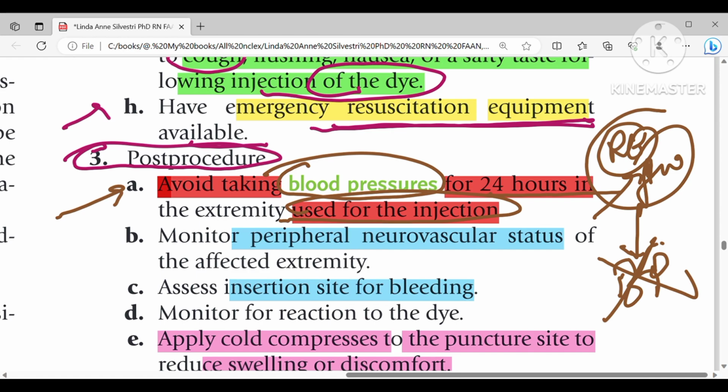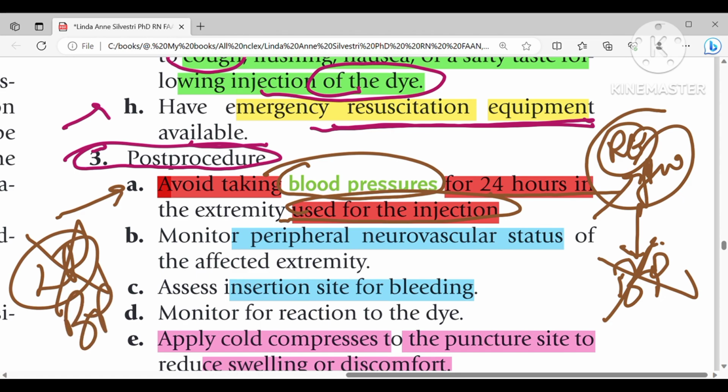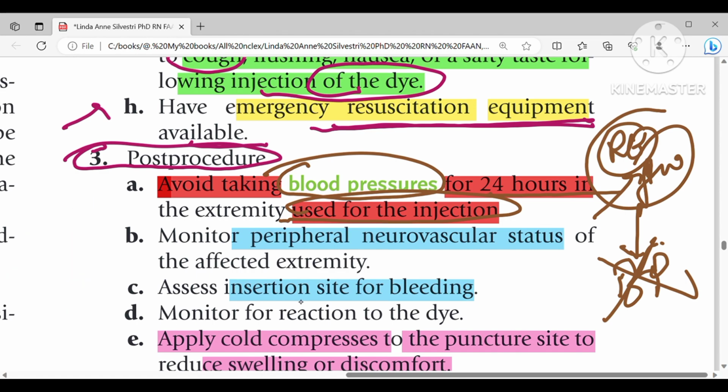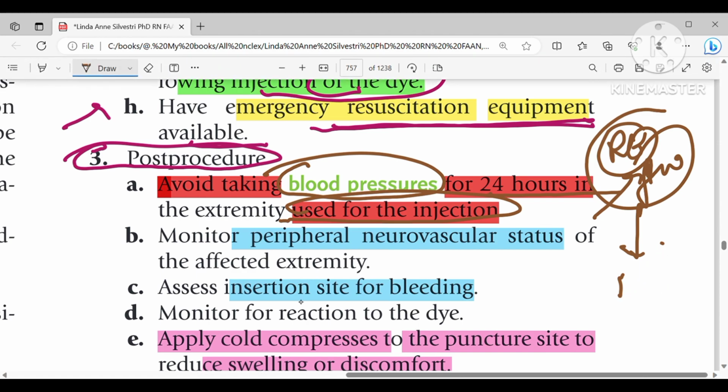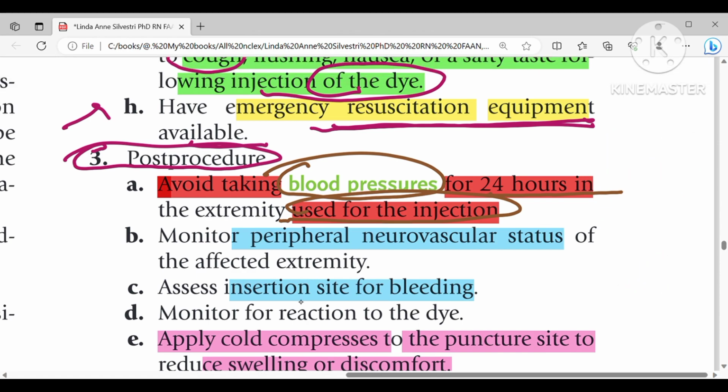Or if we have used the left hand, then we should not check the BP in the left hand. Whichever extremity has been used for the procedure, BP should not be checked in that extremity, whether it is a leg or a hand.